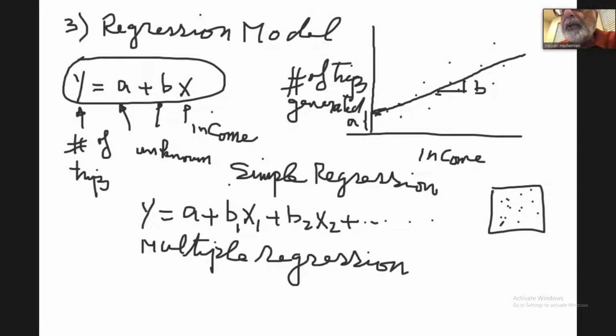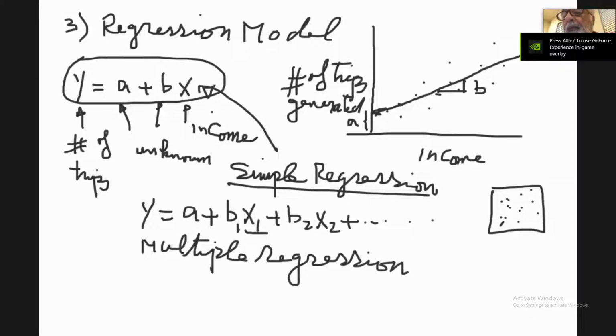So we have simple regression, which is only one variable, and multiple regression, which has more than one variable.